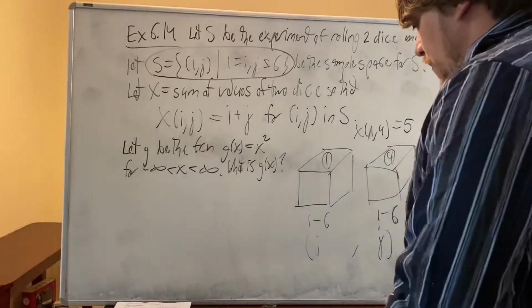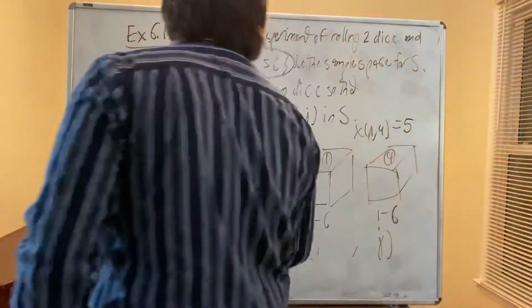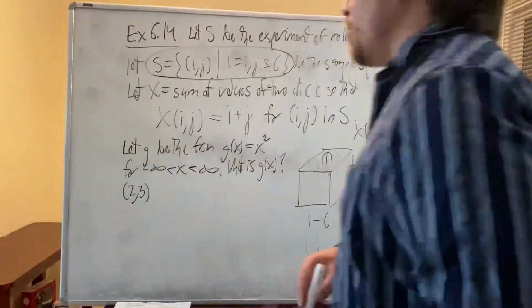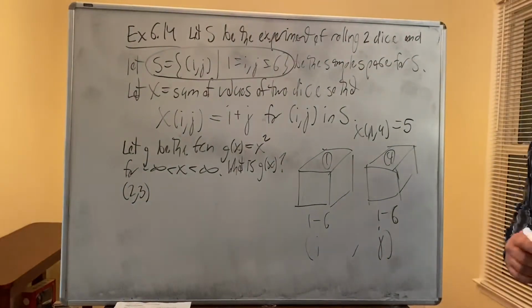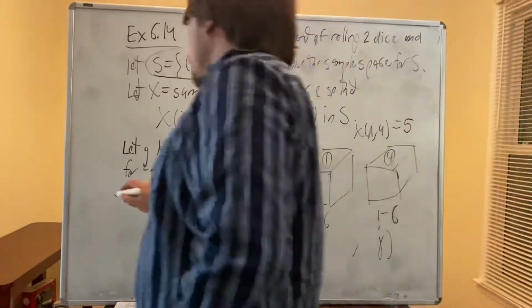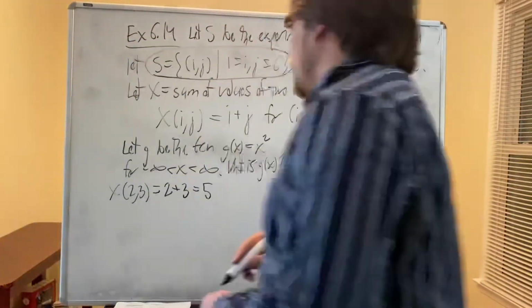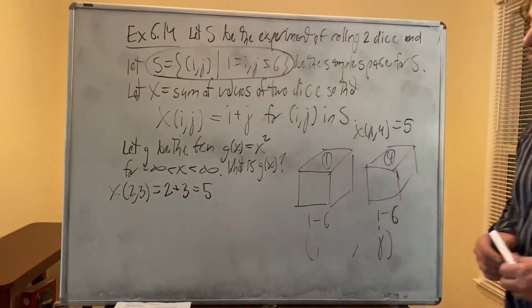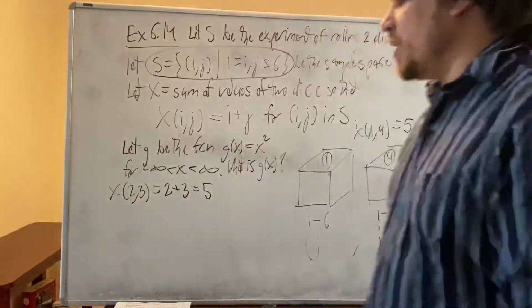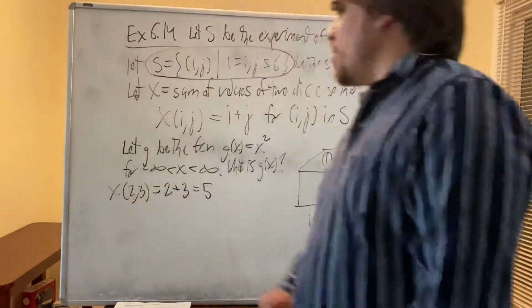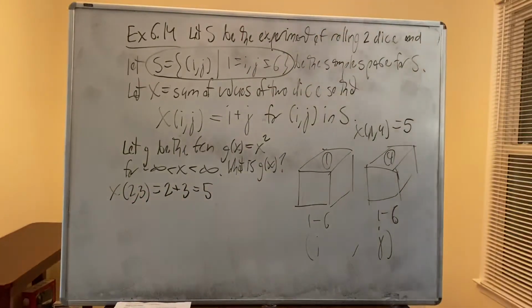So, for instance, if you would take 2 comma 3, which is the sample point of getting a 2 in the first roll and a 3 in the second roll, x is a random variable that takes the sum of those two dice rolls and gives you a 5. So 2 comma 3 is a sample point, an outcome of the experiment. X takes the sum of the two rolls, and so x of 2 comma 3 is 5.